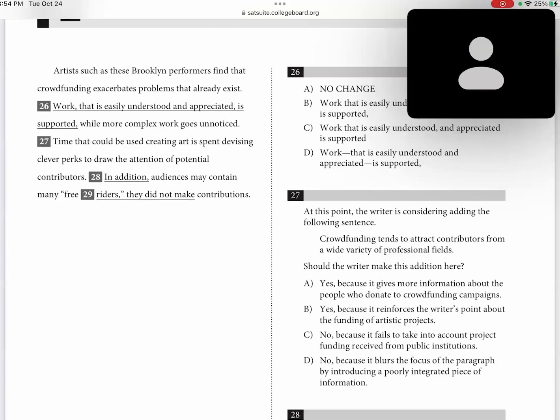D, right? It blurs the focus of the paragraph by introducing a poorly integrated piece of information. Why are we interested at all in professional fields and contributors to crowdfunding when here we're talking about the work and the time that can be spent creating the art? It's very out of focus and it blurs the flow of the paragraph.